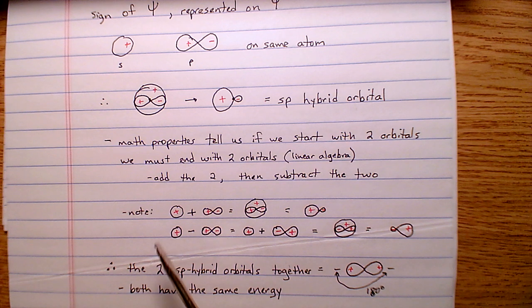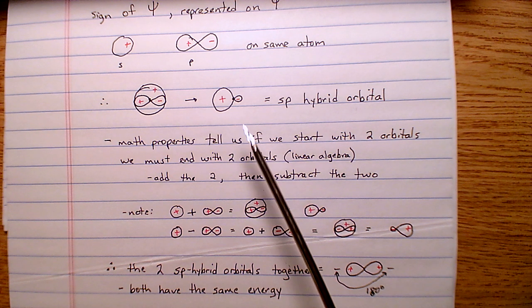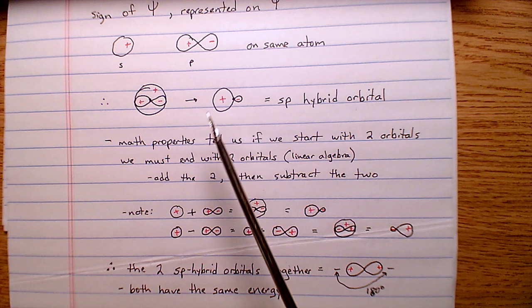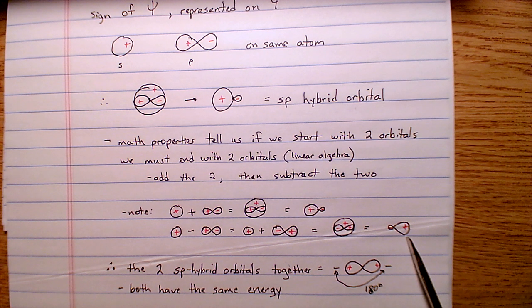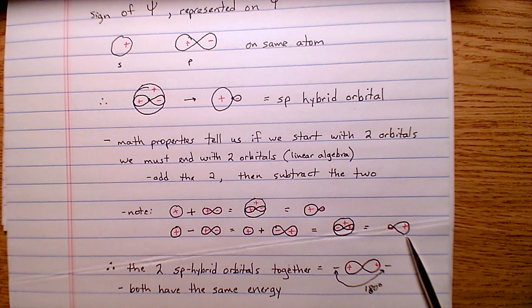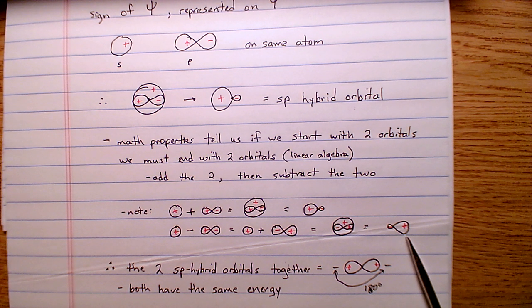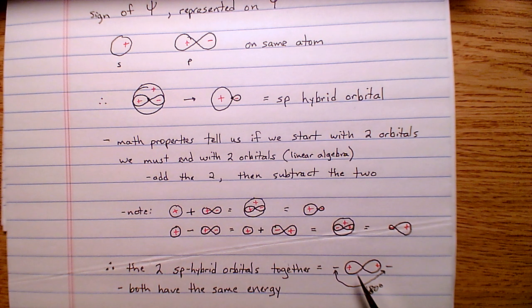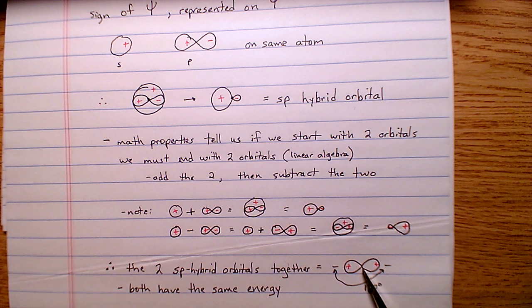So, when we then look at the two sp hybrid orbitals together, here's our first sp hybrid orbital. It looked like this. Here's our second sp hybrid orbital. Recall we had to have two of them because we started with an s and a p. That's two orbitals. We got our two sp hybrids, and if we put them together on the same nucleus, here would be the nucleus of the atom.